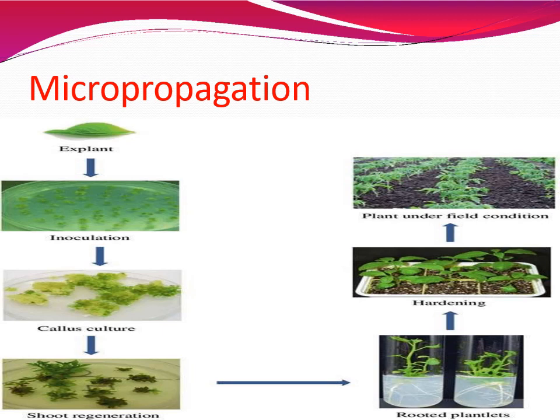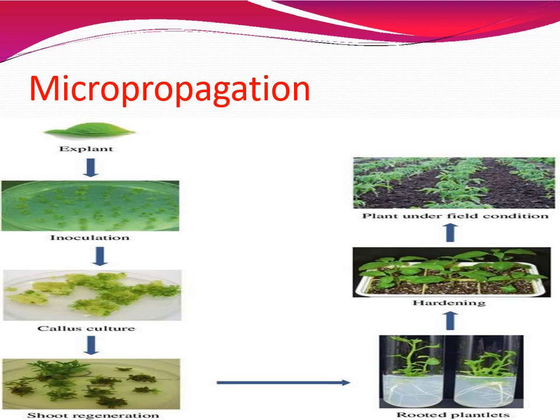So this is an overview of micropropagation. Micropropagation is a complex process and it involves 5 stages: stage 0, stage 1, stage 2, stage 3 and stage 4. First step is choosing an explant, which is very important in micropropagation. The second step is inoculation, and next is callus culture.